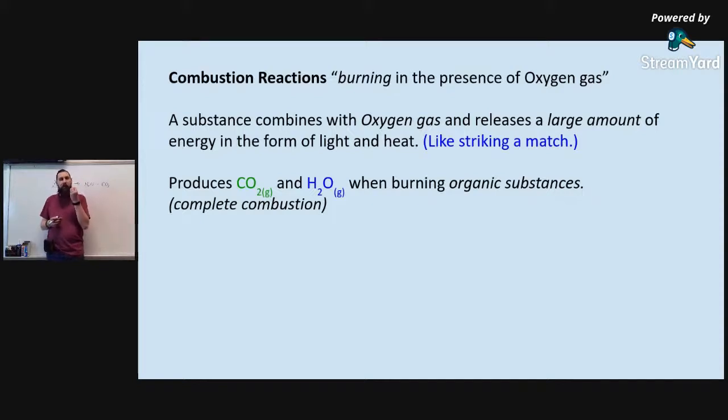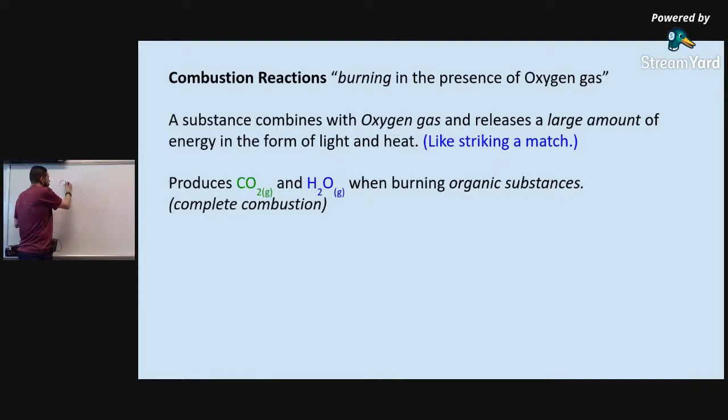And the most typical type of combustion reaction is you're taking a hydrocarbon, in other words, a compound that contains hydrogen and carbon as the majority elements. It can also contain oxygen in it. And you're reacting with oxygen. And the nice thing about combustion reactions is that 100% of the time, if you have complete combustion, in other words, all of your reactant is used up, you're always going to produce carbon dioxide and water.